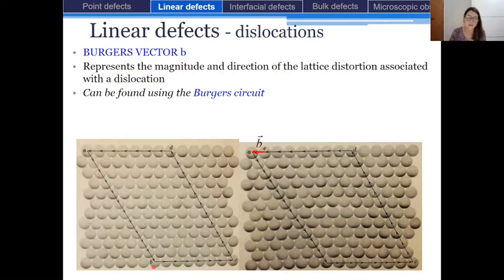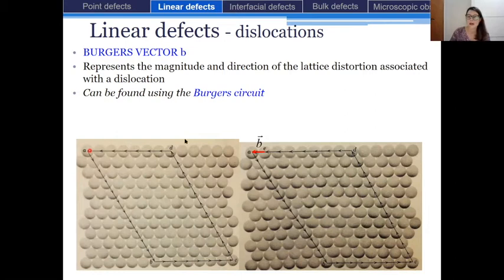So go from B to C, and then you come back respecting this interatomic distance, so you come back in the direction of D, and to close this circuit, from D to A. Okay, so we have a closed circuit.